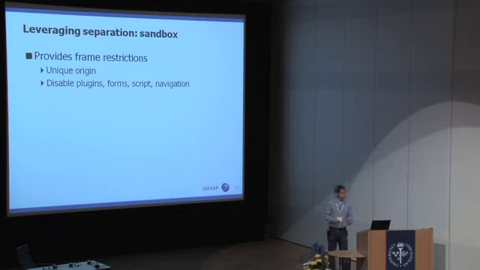The sandbox attribute also offers more control over the content. So you can disable plugins, you can disable forms if you want to. You can even disable all scripts, which is particularly useful for user-supplied content. If you want to display that and prevent cross-site scripting attacks, you just disable scripting, and you can display the information safely. And you can also prevent navigation from other origins.